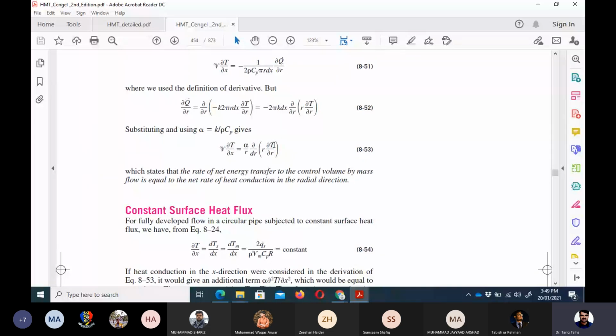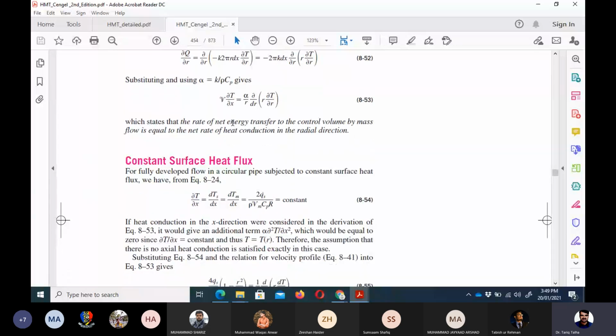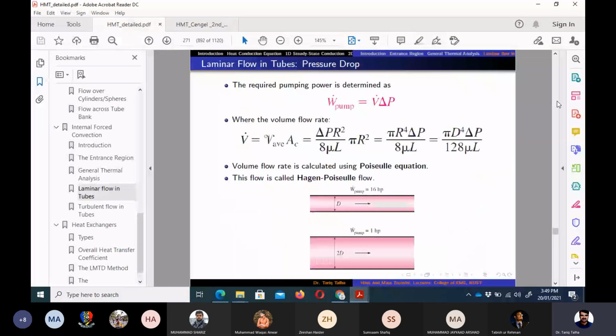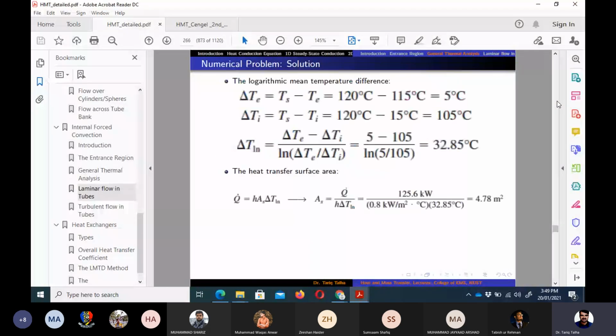For that we can use the knowledge that for the constant heat flux case, we know that partial T by partial x is equal to 2 q dot s divided by rho Vm cp into R. I wrote this formula because we did the derivation in the last class.